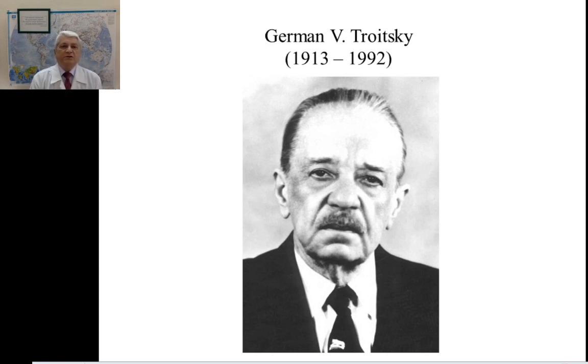I shall tell you that before these important investigations of Professor Troitsky, all scientists thought that the main type of secondary structure of immunoglobulins was alpha helix. And when the paper by Troitsky was published, many scientists said that it is impossible.